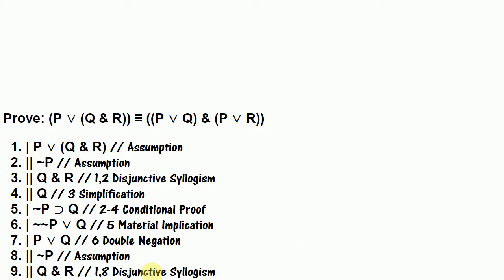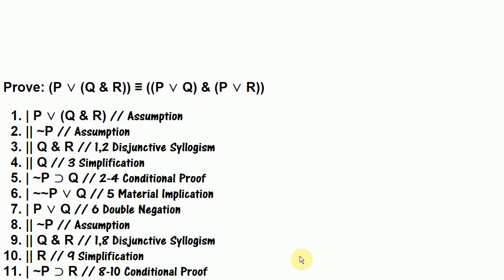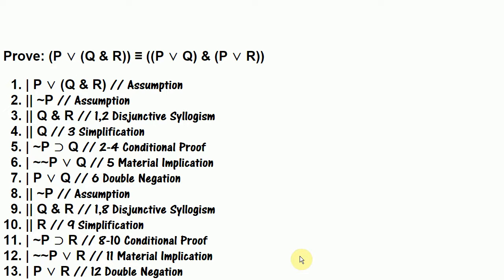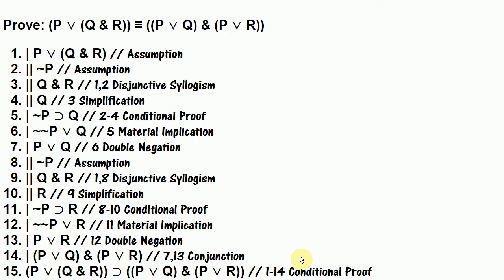And we get Q and R. And then we simplify that to get R. And then we close off this conditional proof and we get if not P, then R. And we change that to a disjunction through material implication. And we get rid of the two negation signs with double negation. And now we have both P or Q and P or R, and we can just conjoin them together on line 14 using conjunction. And that lets us close off this conditional proof, and we get P or Q and R, then P or Q and P or R from lines 1 through 14.